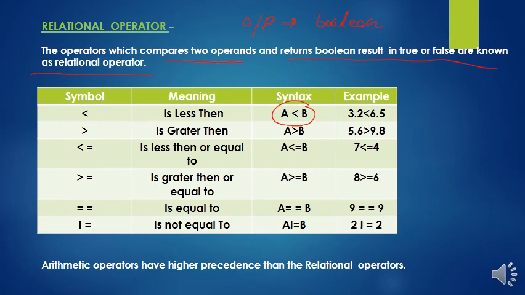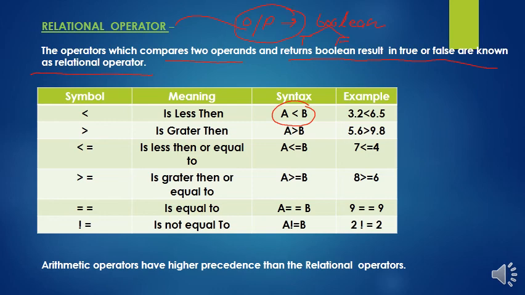Boolean data type stores either the value true or false. So a relational operator gives the output in the form of true or false.